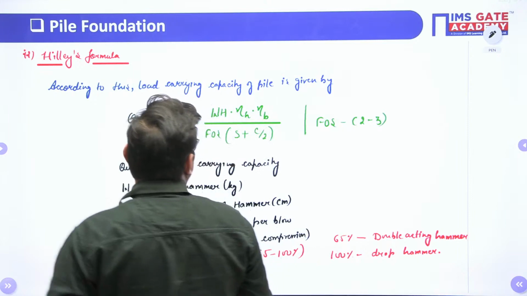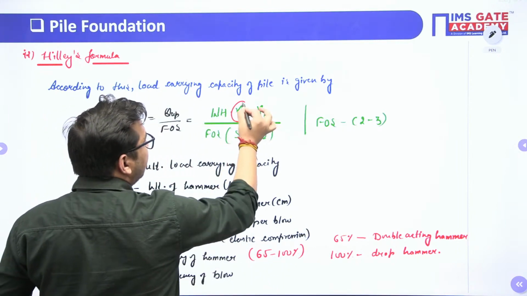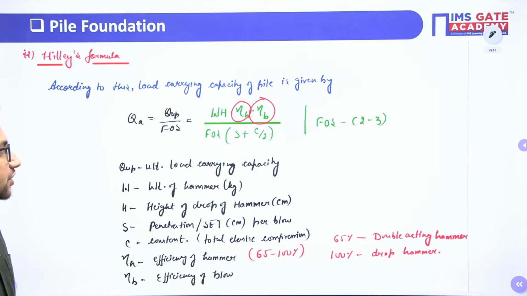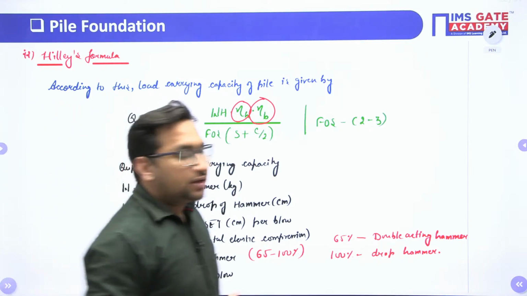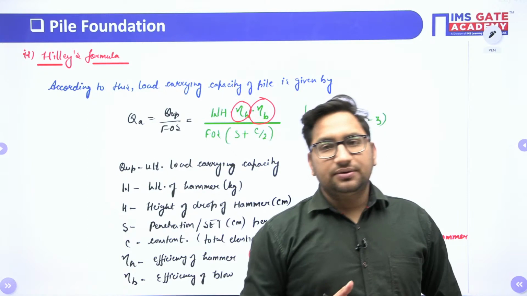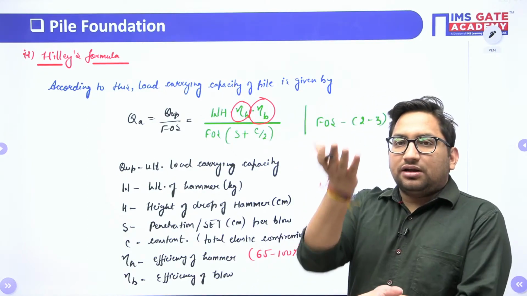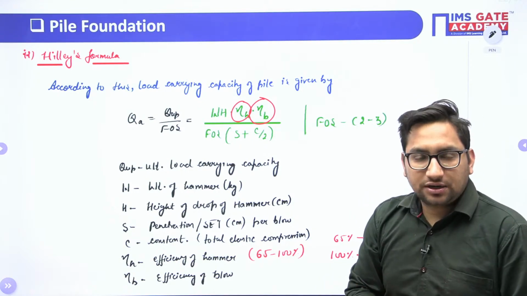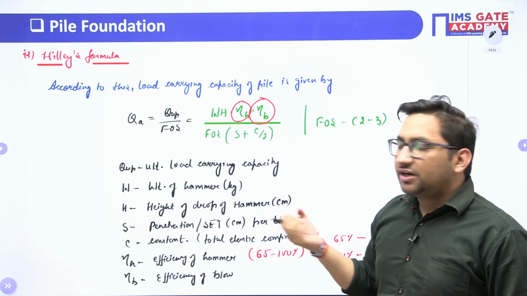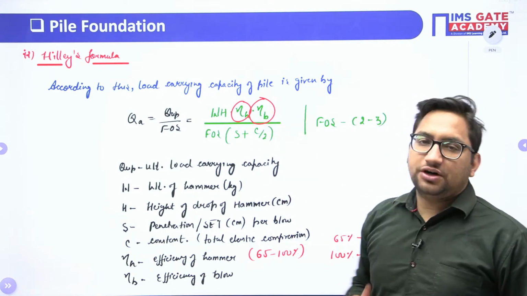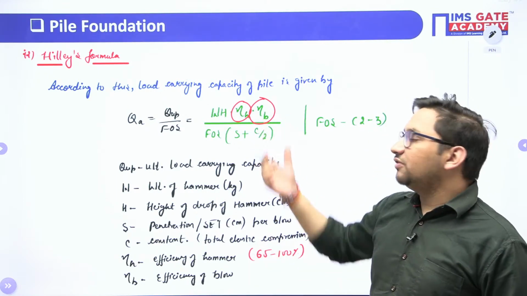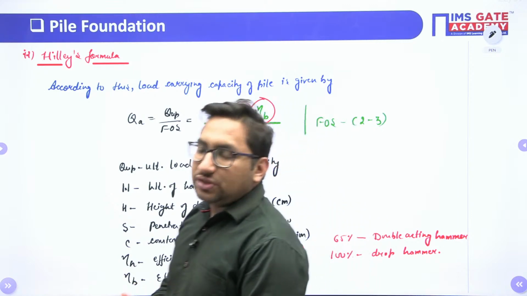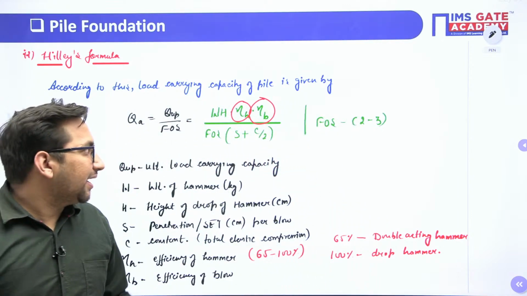The only change is that here the efficiency of hammer and efficiency of blow is taken into account, as it is not necessary that the blow by the hammer will have an impact of 100%, right? If the impact is 100%, the efficiency of blow is 100%, and this value will remain 1.